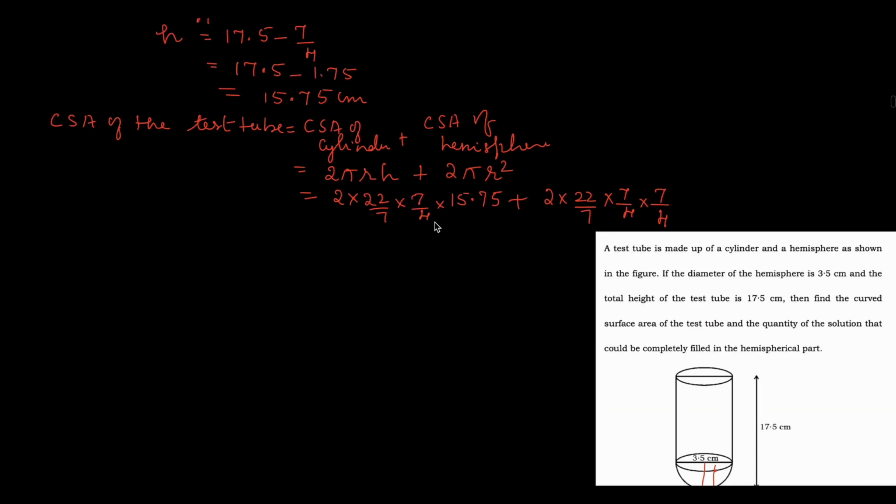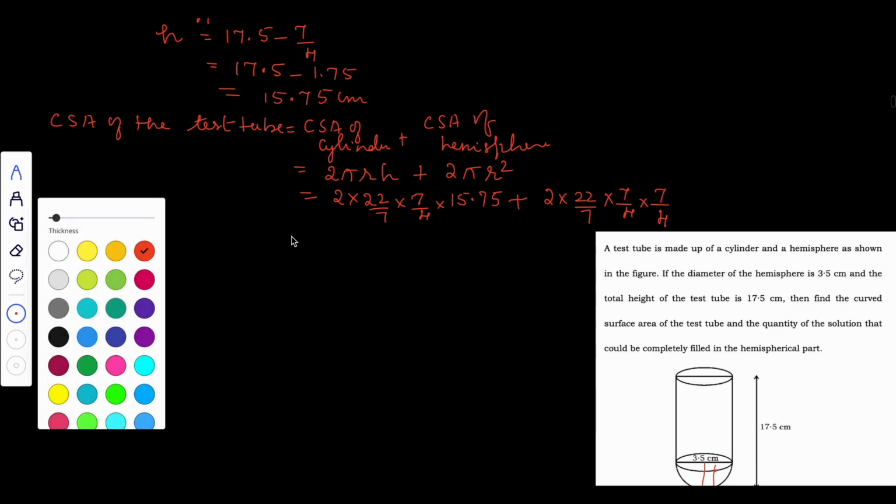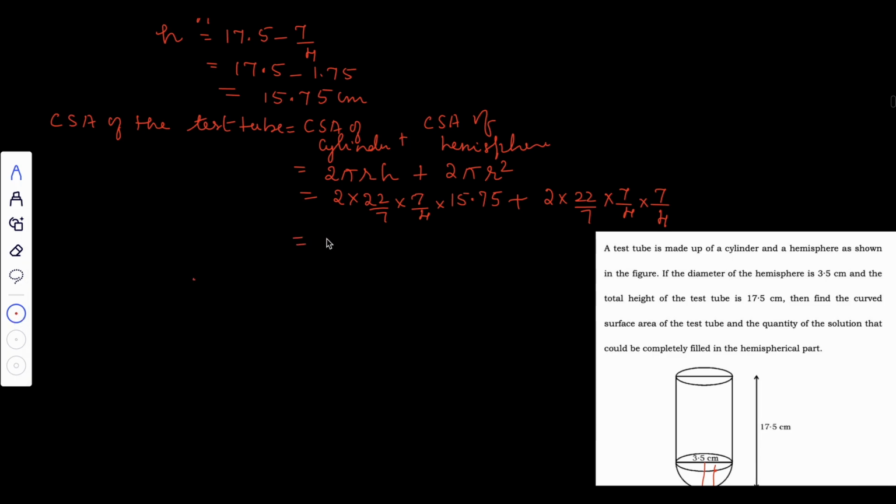Now here we are going to write the common outside, that is equal to, here 2 is common, 22 by 7 is common and 7 by 4. So inside the bracket, remaining is 15.75 plus 7 by 4.